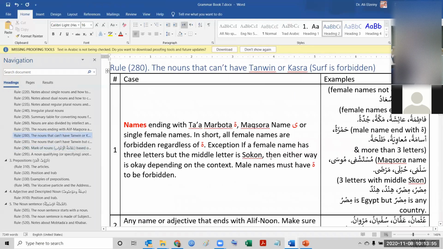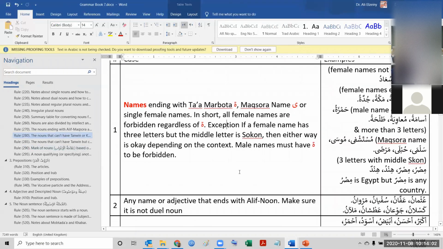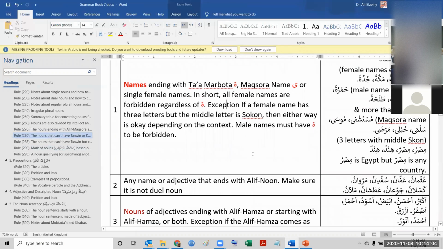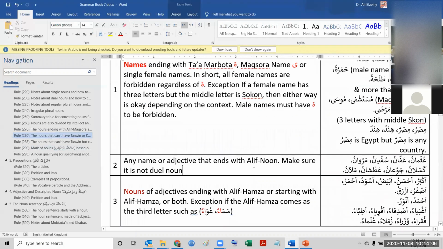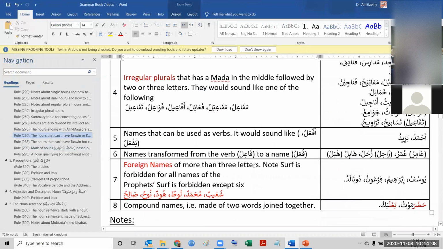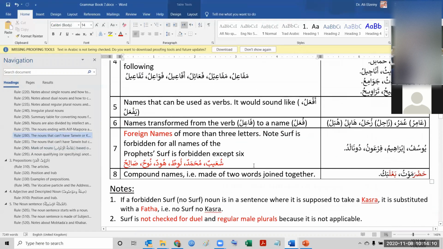Okay, rule 280. A female name doesn't fall under this, but it falls under the foreign names. Misr, Egypt, is a foreign name in Arabic.